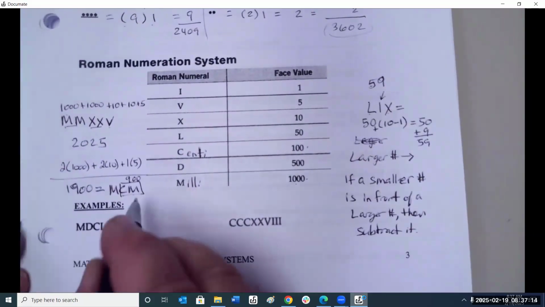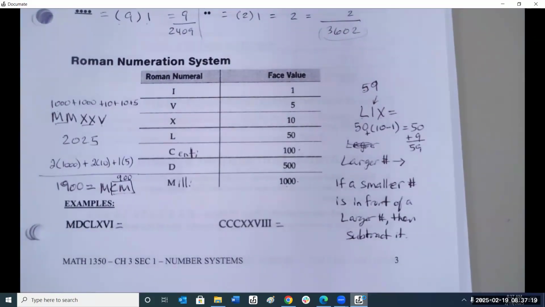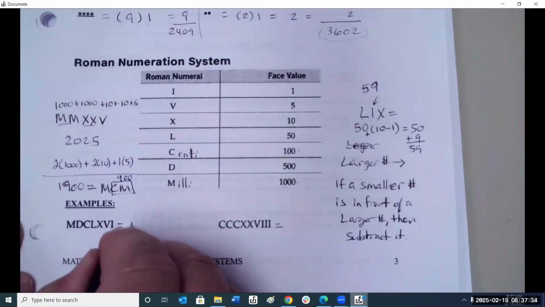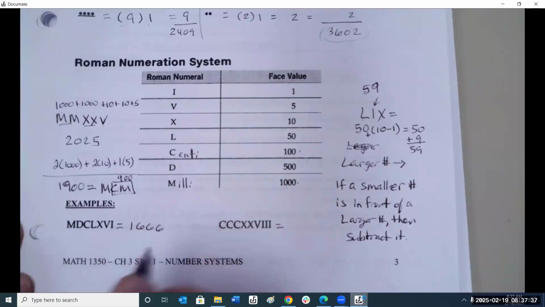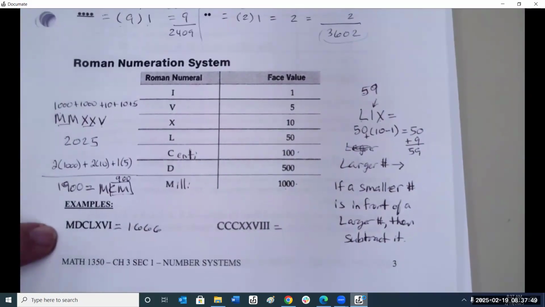So tell me these two numbers. Thousand six hundred sixty-six. Very good. But let me first go over this one.